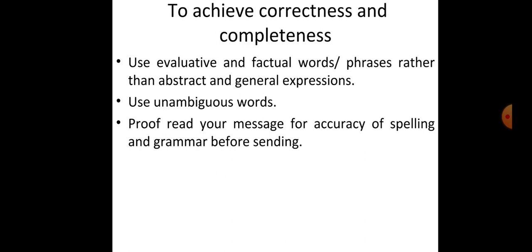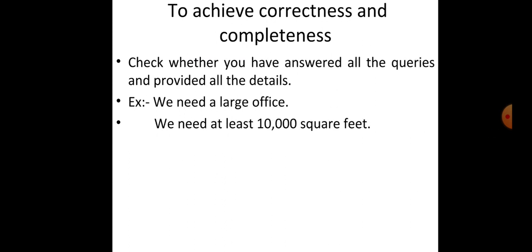If you want to achieve correctness and completeness, this is the way to go, and by following these things, we can achieve them in a particular manner, and that is expected also. I hope you have understood the concept of correctness and completeness.